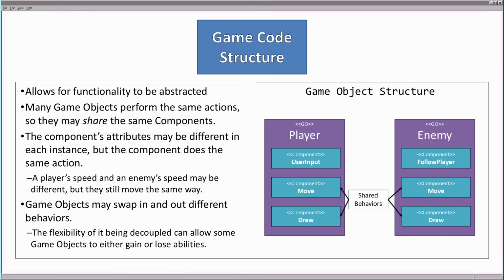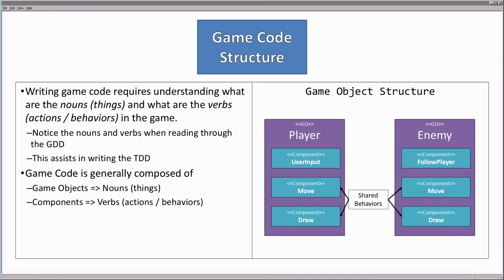The component's attributes may be different in each instance, but the component does the same action. A player's speed and an enemy's speed may be different, but they still move the same way. From a functional standpoint, they do the same actions, but with different values. Game objects may swap in and out different behaviors. The flexibility of it being decoupled can allow some game objects to either gain or lose abilities.